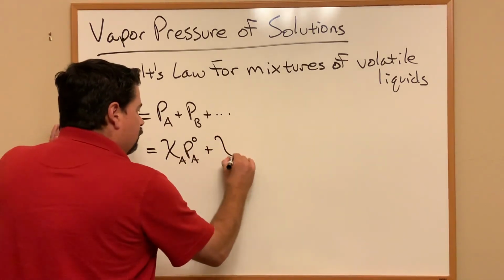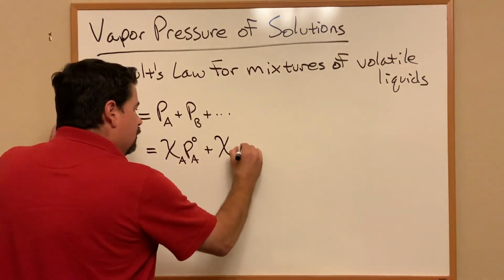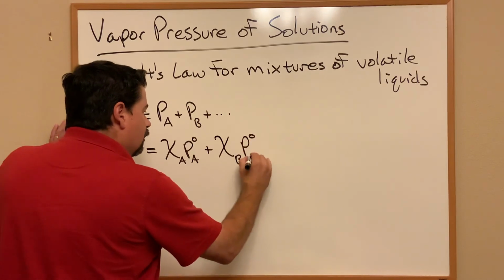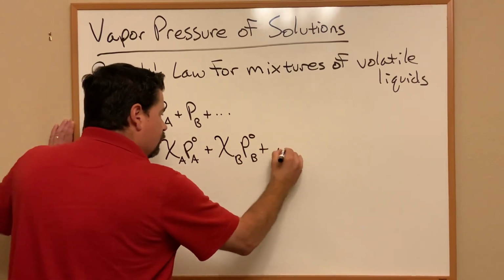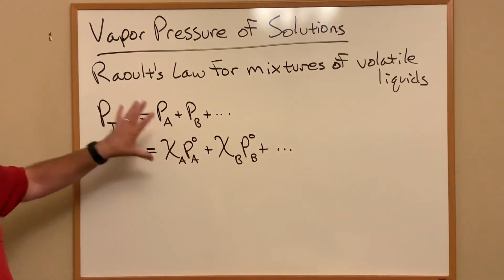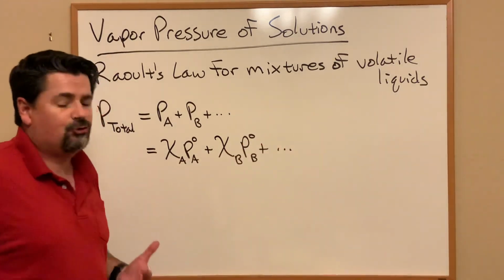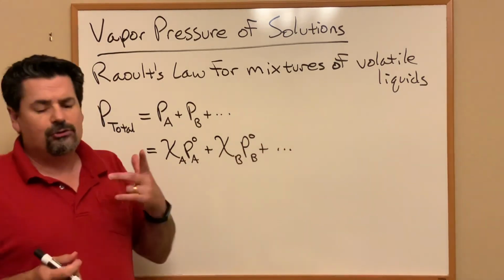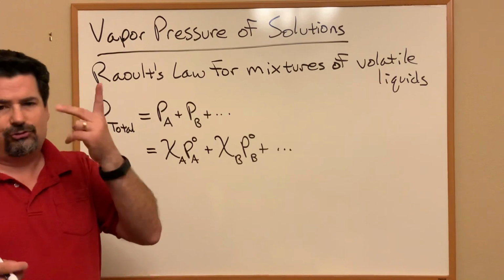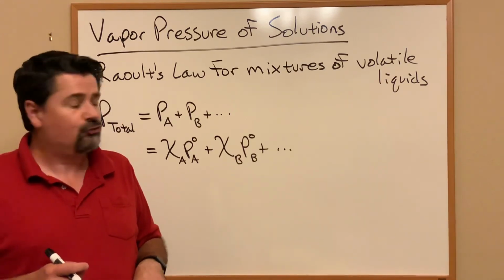So plus chi B P naught B plus dot dot dot. So you can do this for as many components as you want. Usually they're used for binary mixtures, for mixtures of just two components.